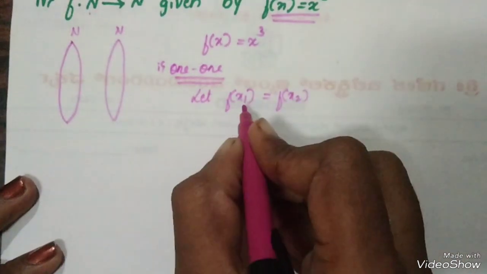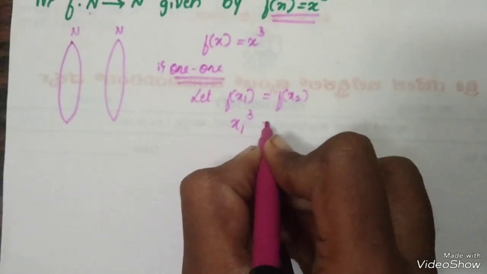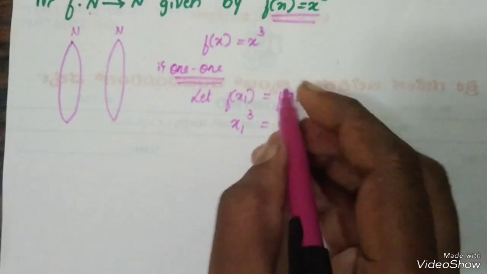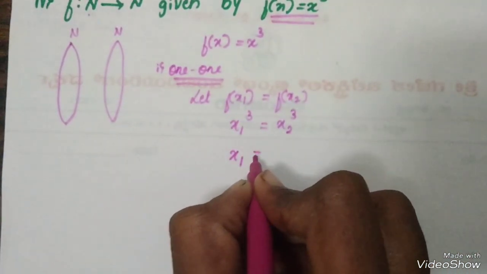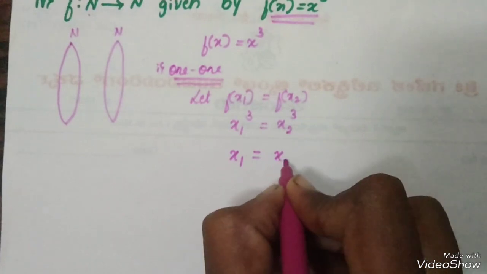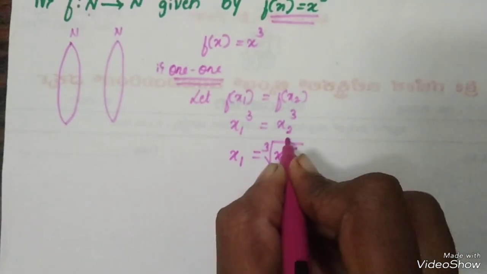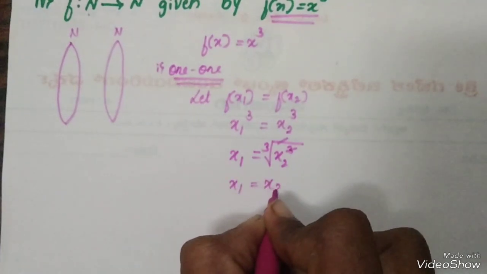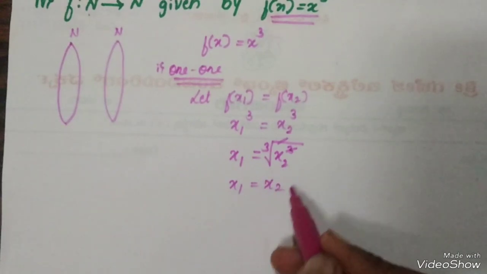Again, x1 cube is equal to x2 cube, so x1 is equal to the cube root of x2 cube. Cube root and cube will get cancelled. x1 is equal to x2. Whatever values we have taken, we get x2.